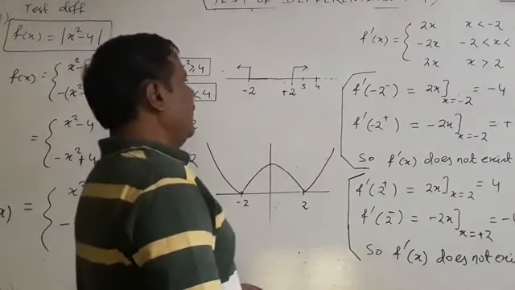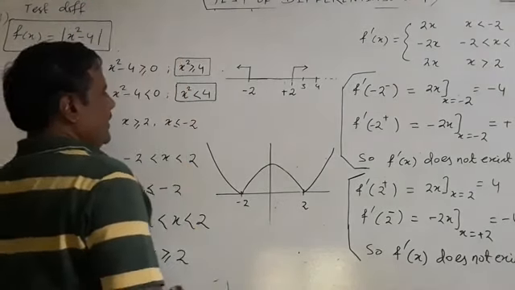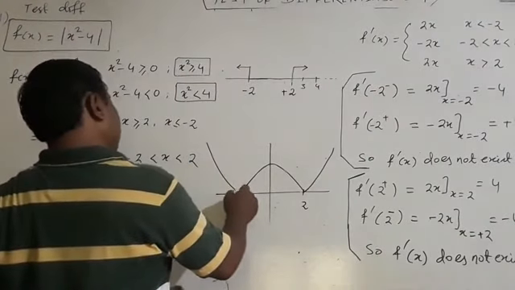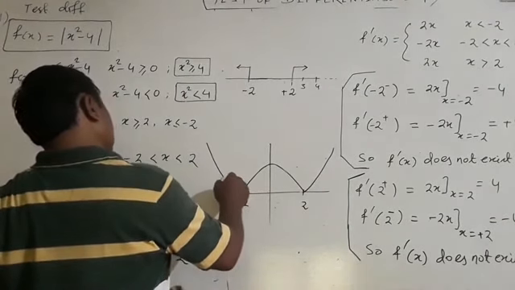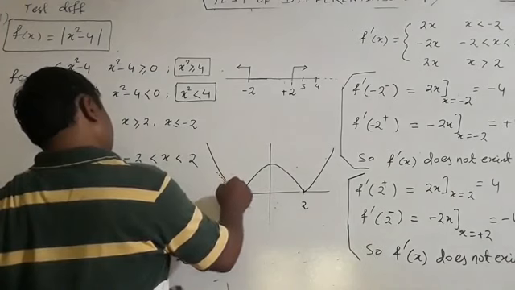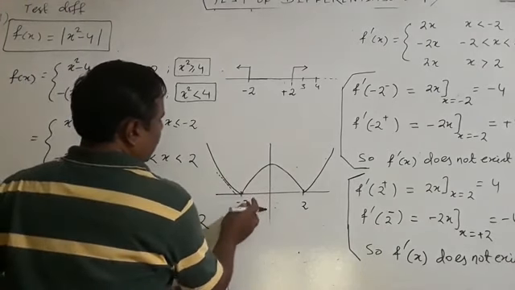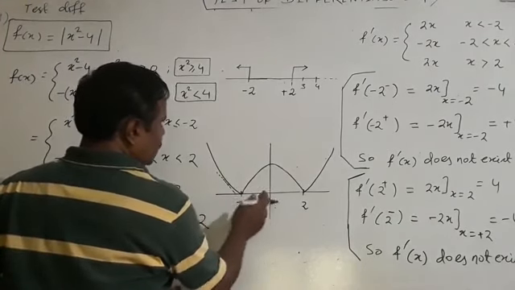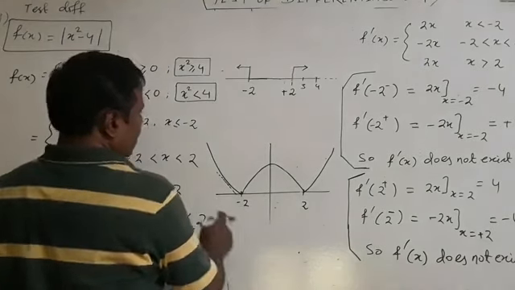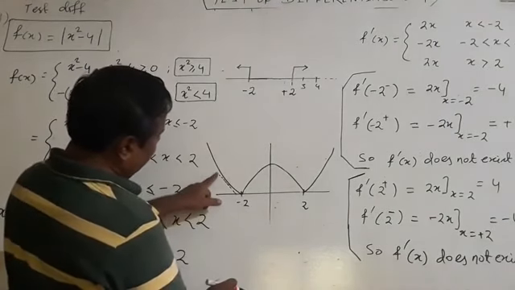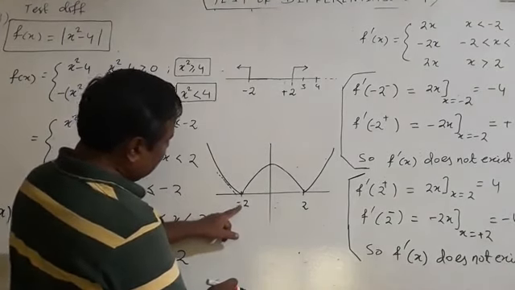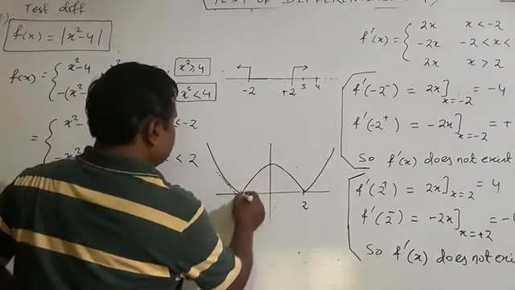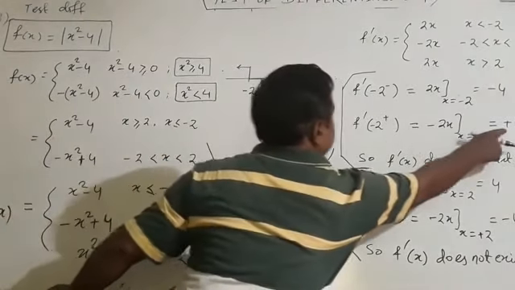Also look at the slope. When x tends to −2 from the left, the slope is negative. When you go from minus to plus, the slope is positive.